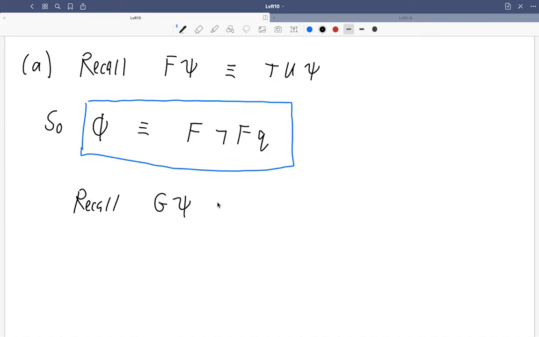G of psi, so that's globally in the future psi, this is the De Morgan dual, if you like, of the future operator. So it's the same as it's not true in the future that not psi.